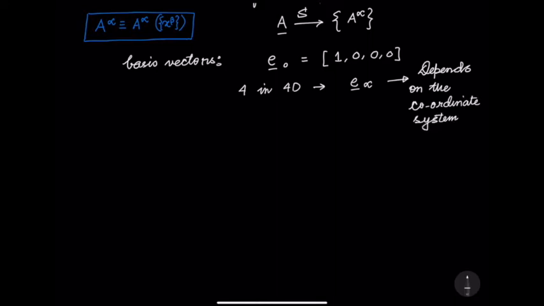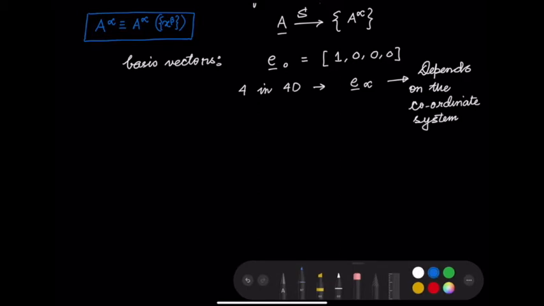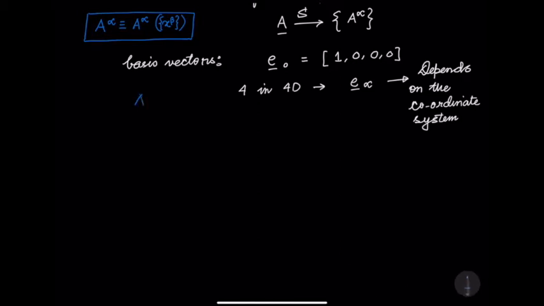So again, for the time being, I am using coordinate system, frame, etc., all reference frame, all synonymously. And so once I have that, I can write my vector A as its components times the basis vector in that reference system.